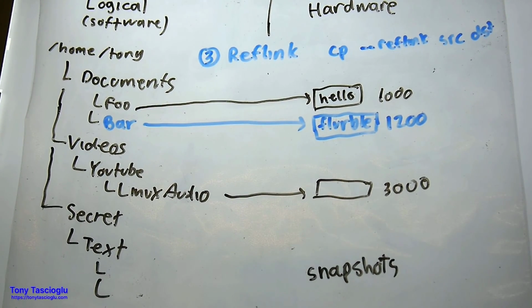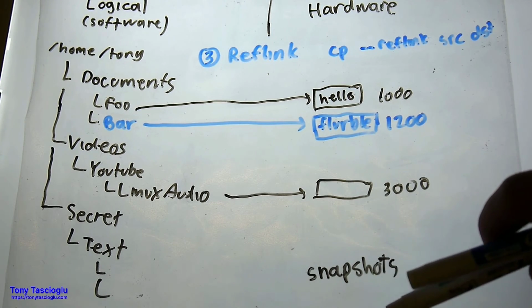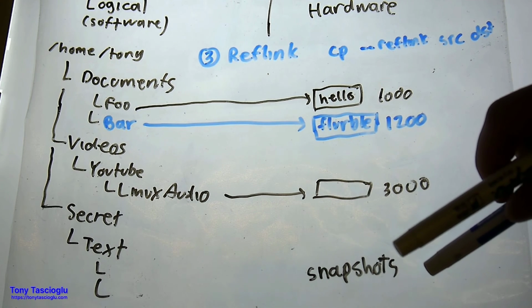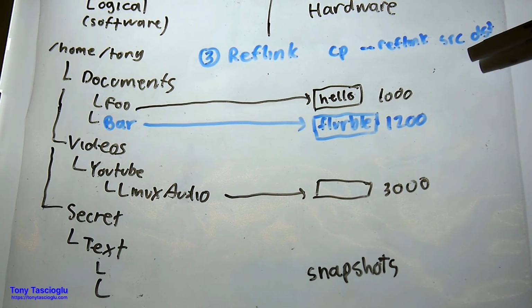And usually you can make it like a snapshots folder. You can snapshot this and save it. And it takes no additional disk space because it's copy on write. As long as you don't touch any file, it will not use any additional disk space, save for the metadata.